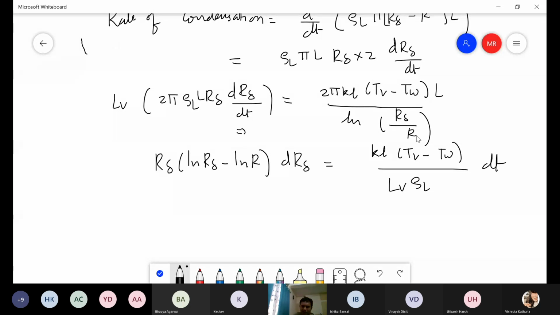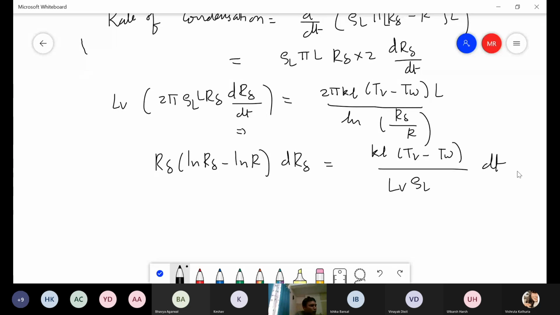This ln r delta minus r becomes ln r delta minus ln r, the bracket taken from the right hand side, multiplied by r delta as it is and into d r delta, which is on the left hand side. This 2 pi gets cancelled out. This rho L comes on the left hand side in the denominator. This L gets cancelled with this L, and this L v is also taken to the right hand side. So on the right hand side, these are the additional terms: plus k L (T v minus T w) into dt. Okay, is it all right?